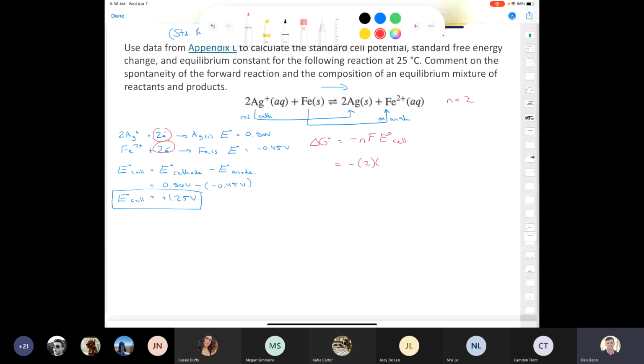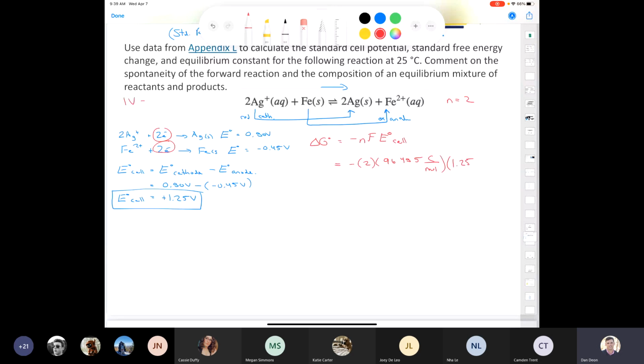Our book provides the Faraday constant with 5 significant figures. A lot of places you'll see it with just 3. You'll see it listed as 96,500. You can put in all the sig figs if you want, so 96,485 coulombs per mole, multiplied by the standard cell potential, which is 1.25 volts.